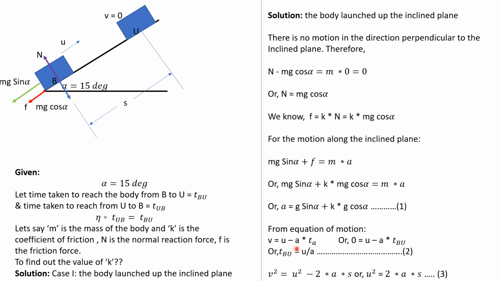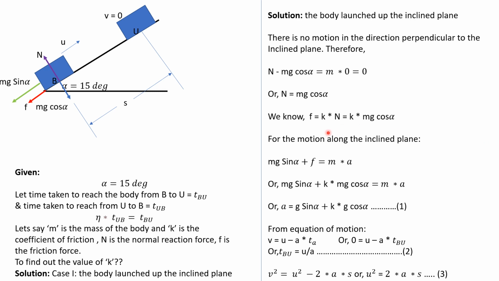So v is equal to u minus a into time of ascent, that is, u minus a TBU. So TBU is u by a. This is equation number 2. One more equation: v square is equal to u square minus 2 a s, where s is the distance, so u square is equal to 2 a s. This is equation number 3.